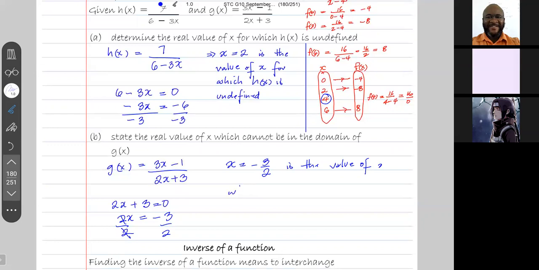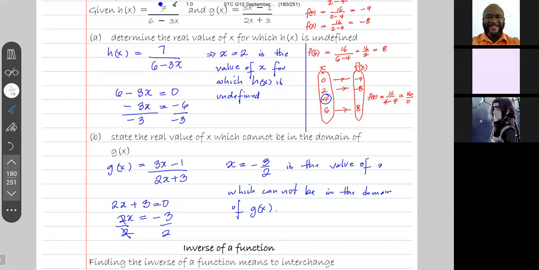This is the value of x which cannot be in the domain of g of x. And the reason for that is, if x is equal to minus 3 over 2, the denominator is going to come out to be 0.